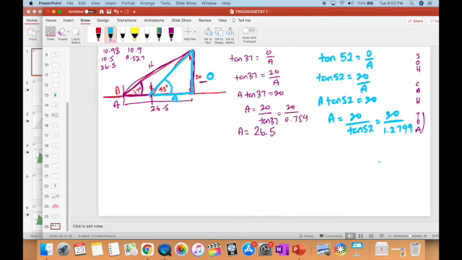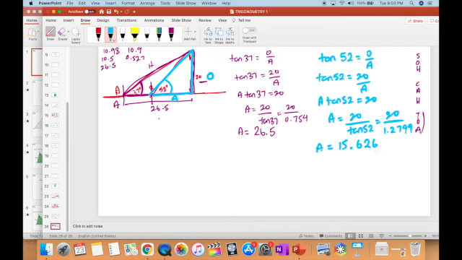Let me take that. So therefore A is equal to 20 divided by 1.2799, which is 15.626, we could take that.